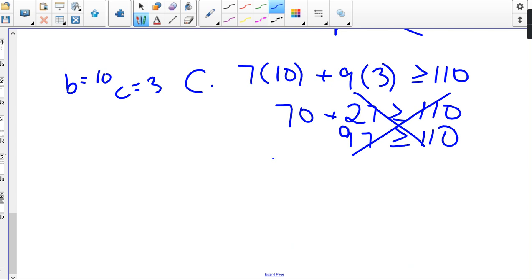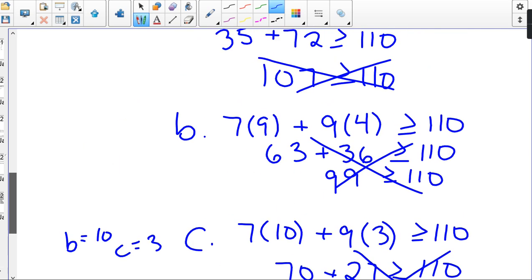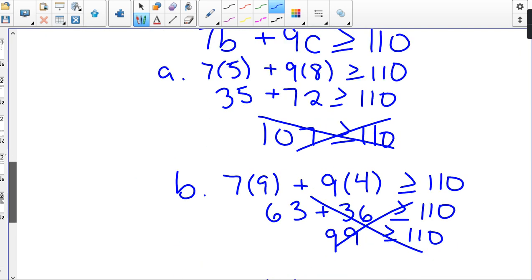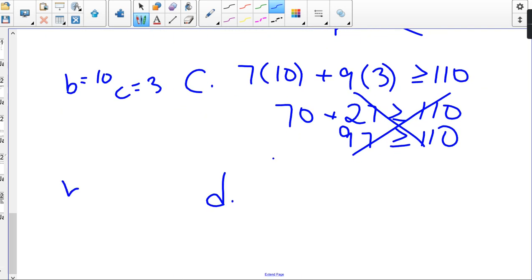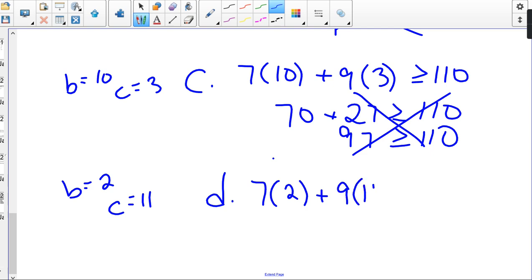I hope this one works. Otherwise, we made a mistake because there's got to be one option that makes him enough money. So this one has 2 hours babysitting, 11 hours clerical work. Babysitting is 2, clerical is 11. So that's $7 an hour times 2 hours babysitting, $9 an hour times 11 hours clerical work. Let's see if that's greater than or equal to 110.